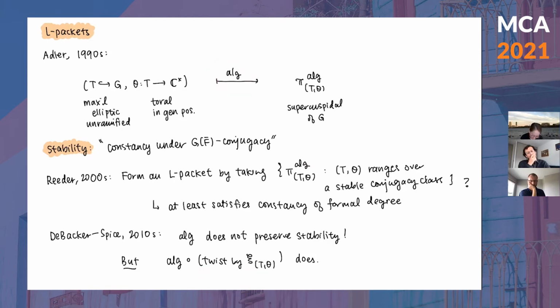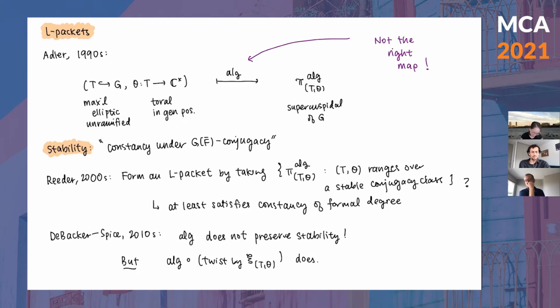So you first take a twist by some character that depends on this input data of t and theta, and then you apply alg, and then you get a representation, and that is the correct normalization. So the takeaway here is that this alg is not the right map. It's not the one that preserves stability. So it's not the one that's well compatible with Langlands.